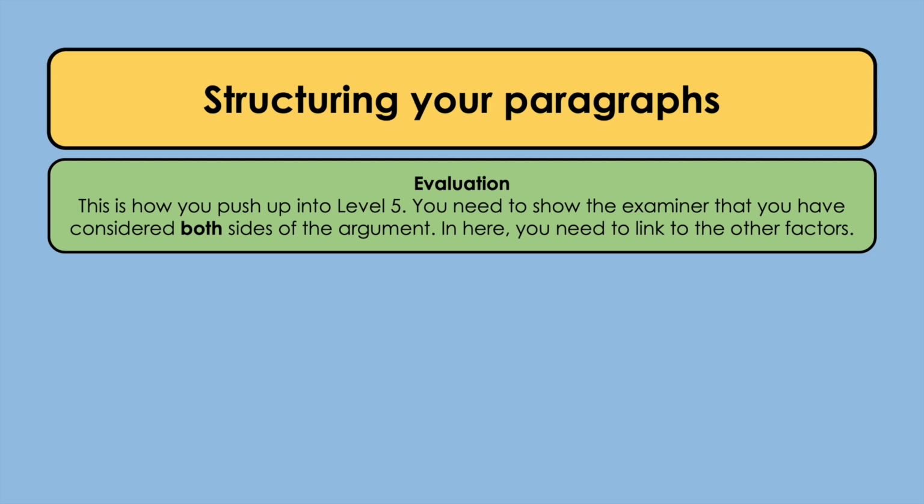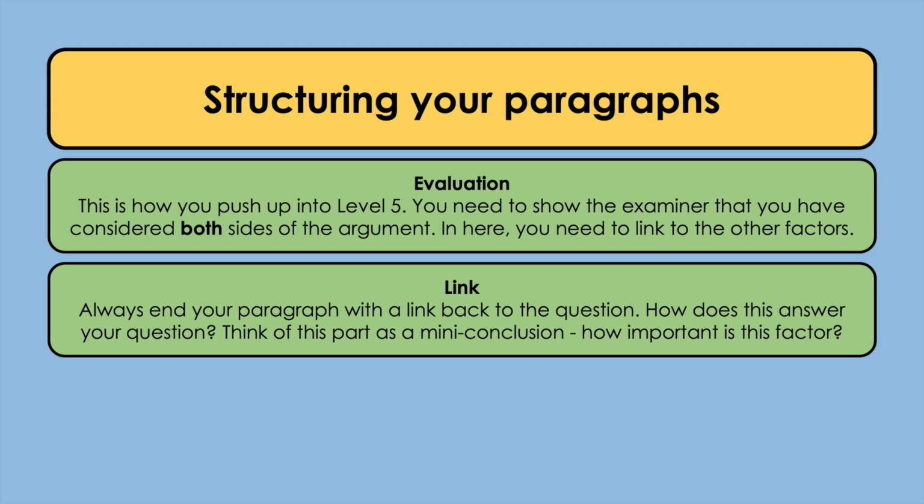Now, going with the theme of the judgment that I gave in the introduction, what you could then come back with in your link is, however, this decision was made by democratic government.